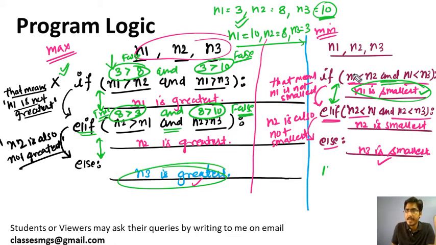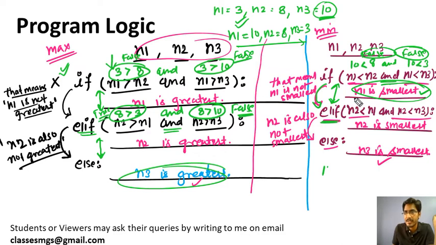Now we will see, 10 is less than 8 and 10 is less than 3. This is false and this is also false. So this whole thing will become false and we will move to the else if condition.